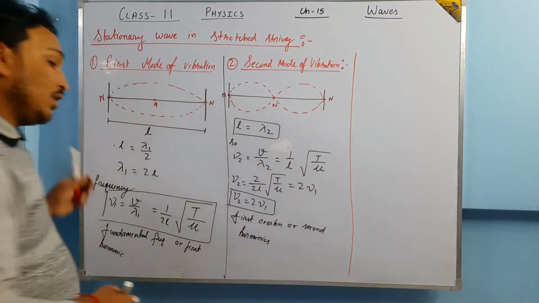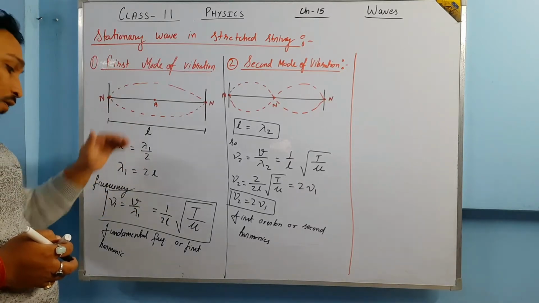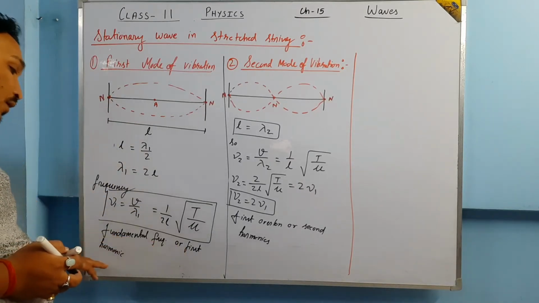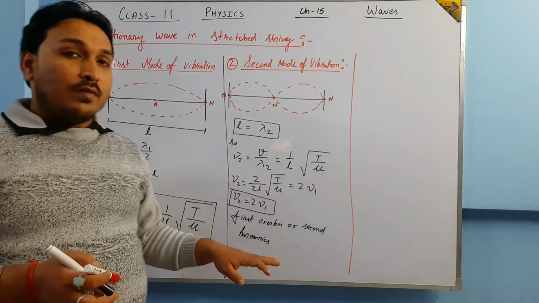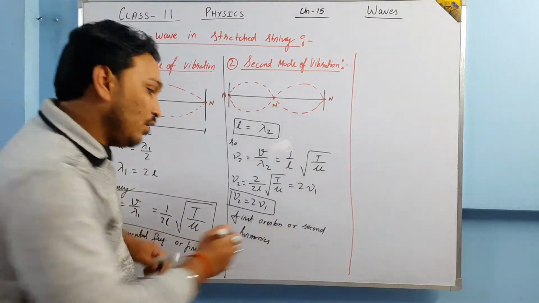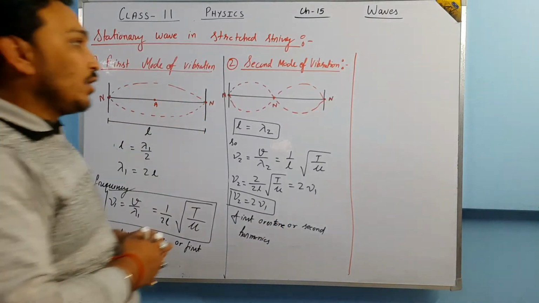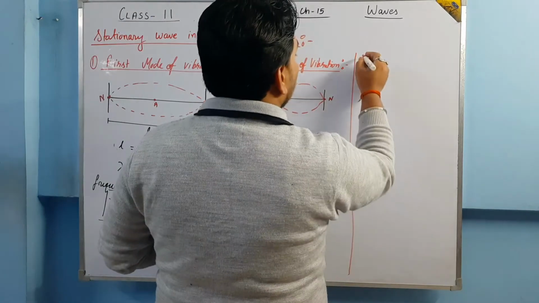Okay, remember there is nothing like first overtone in the first one. In the first one, it is fundamental frequency or first harmonic. In the second mode of vibration, it is first overtone or second harmonics.